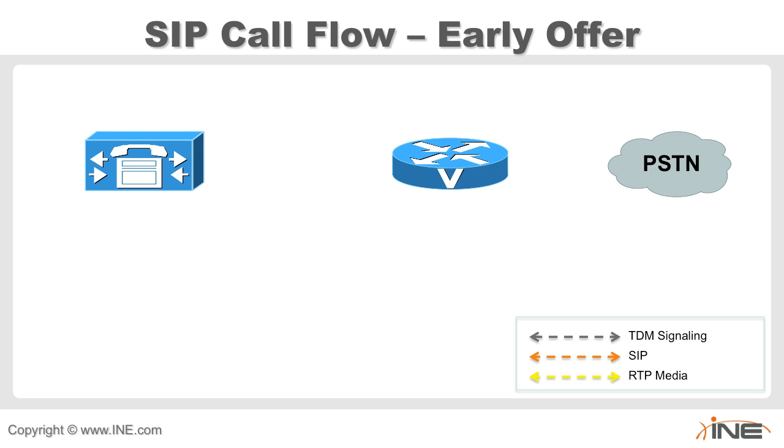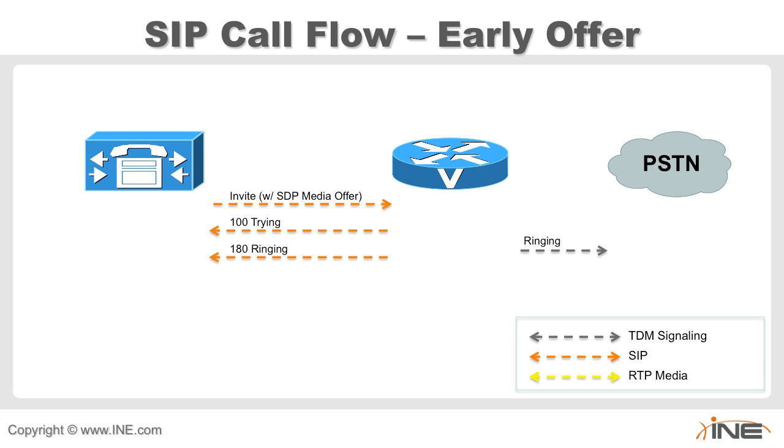Very similar to H323 Fast Start, we're trying to inform the capabilities earlier so that hopefully this can just be a very fast process. So the originating gateway sends the invite, but the SDP is in the invite. Okay? Terminating gateway says, trying, tries to ring the PSTN, tells the originating gateway that it's ringing with a 180 message.